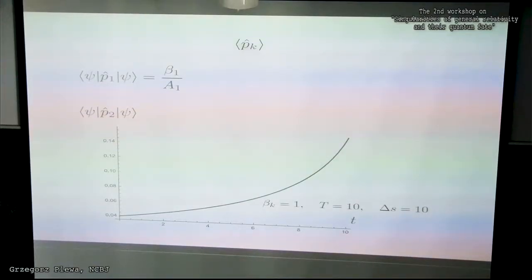For this choice of fiducial vector and the eta function, the expectation value of the P1 momentum, as was mentioned in the previous talk, is constant, and it is related to two coefficients, beta 1 and a1, while one can find numerically that the expectation value of P2 is an increasing function, which is what we really expect from an analytical point of view.